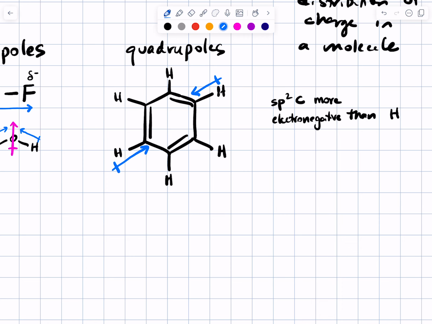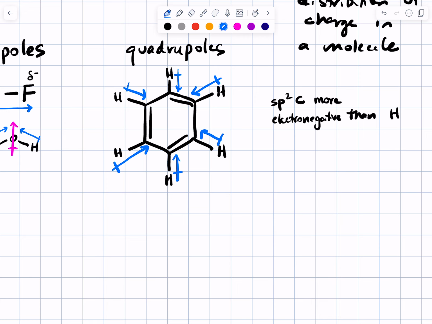It's symmetric, right? So do you see how this dipole is vector canceled by that dipole? Yeah? And we can do this for all of the bonds in benzene. All of those individual dipoles cancel each other out. Nevertheless, all of the hydrogens are electron poor, and all of the carbons are electron rich.